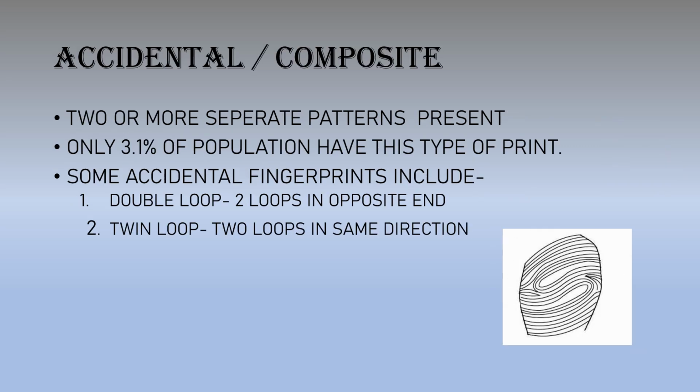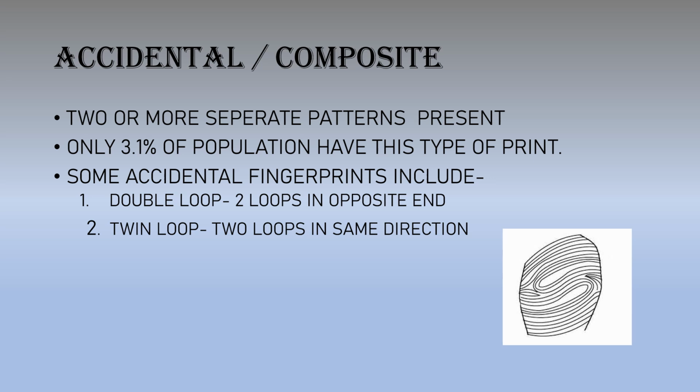Now, the accidental or composite type of fingerprints. In this type, there are two types of prints from the basic three types, which are the arc, loop, and whorl. Two of these types of prints, or maybe two of the same type, may be present in one finger, like the double loop, where two loops are present in opposite ends, and the twin loop, where two loops are present in the same direction.